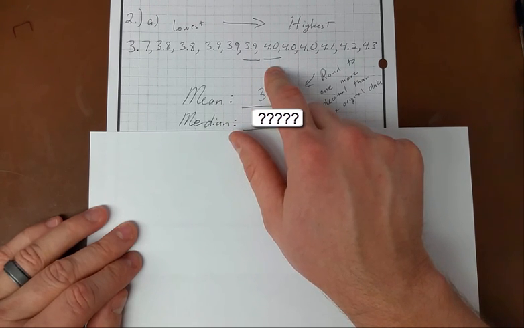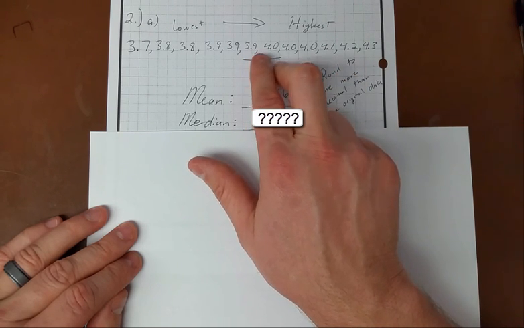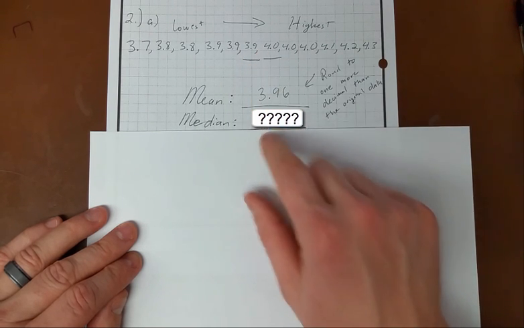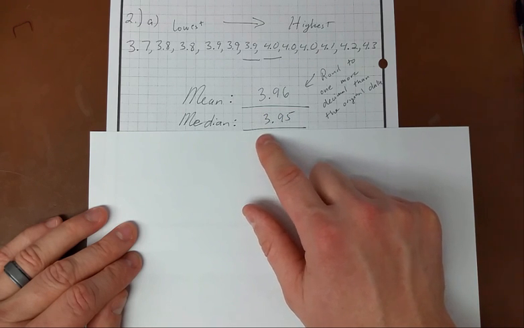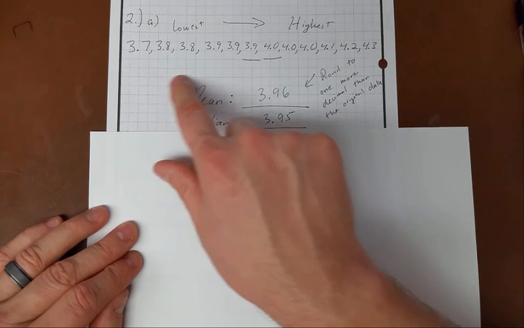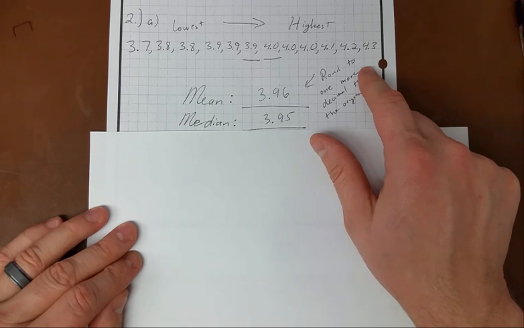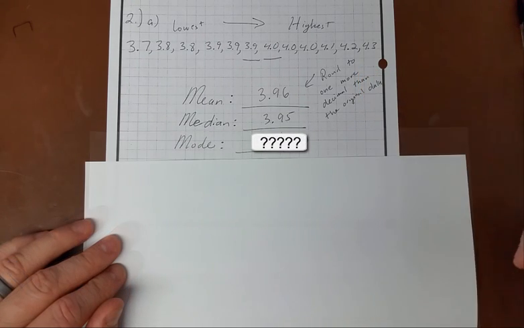So to find the median, we simply take our two center values, 3.9 plus 4.0, and divide them by 2. And that will give me a median value of 3.95. Now remember, once again, my values here are slightly different than yours. This way, you don't get the same answers as I get.